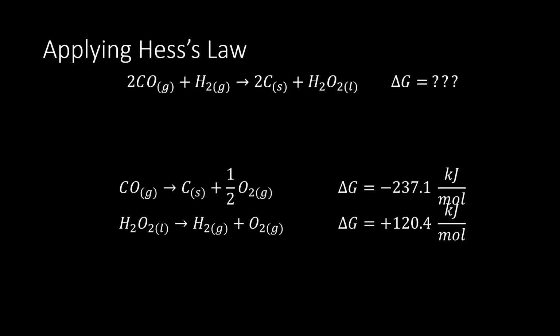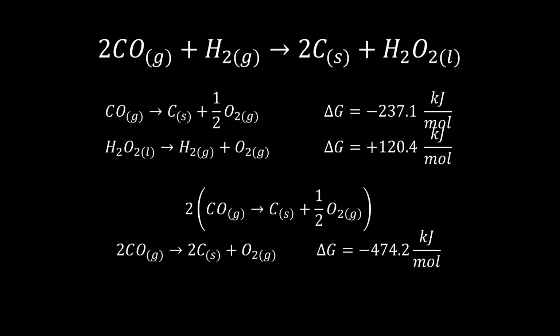If we can rearrange these chemical reactions in such a way that we end up getting our main reaction of interest, then we'll be able to apply Hess's law just like we did with enthalpy. Well, let's take the top known reaction, where we have carbon monoxide gas. If we look at our main reaction, carbon monoxide gas is a reactant.